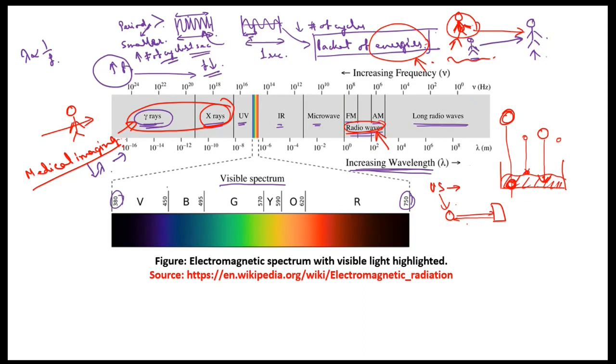Now, among this region, there is a specific region which is of utmost importance, and that region is UV, visible and infrared.